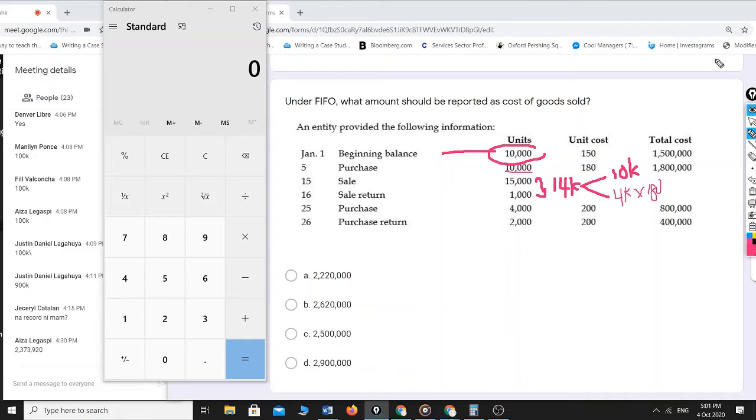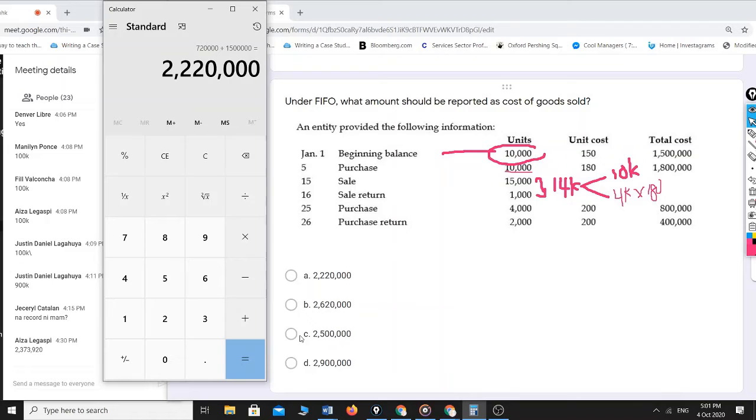So of course, ang first na 10,000 baligya, that is already 1.5 million plus katong 4,000 nga gikan sa first purchase nga tag 180 ang isa ka good, so we just multiply 4,000 times 180 plus the beginning inventory.